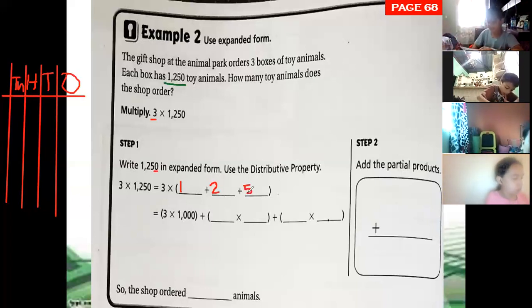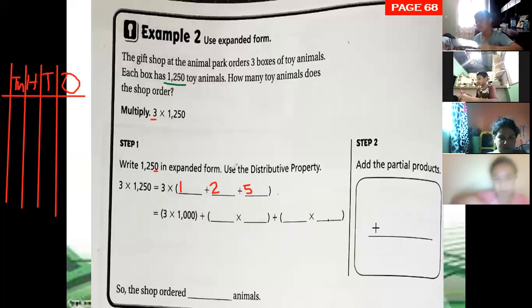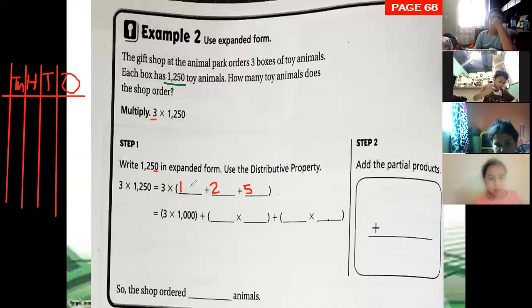And the 1 turns into 1,000. What happens if I write the 0? Remember that any number multiplied by 0 equals 0. So it will always give me a 0. When I multiply 3 times 0, 0. And at the end I will add 1,000 plus 200 plus 50 plus 0. That 0 is not going to change the answer. That's why it's not necessary to write it.